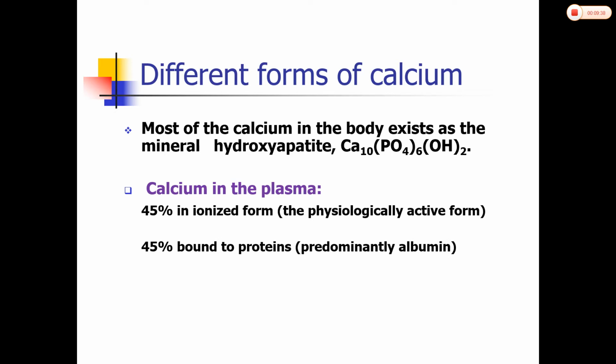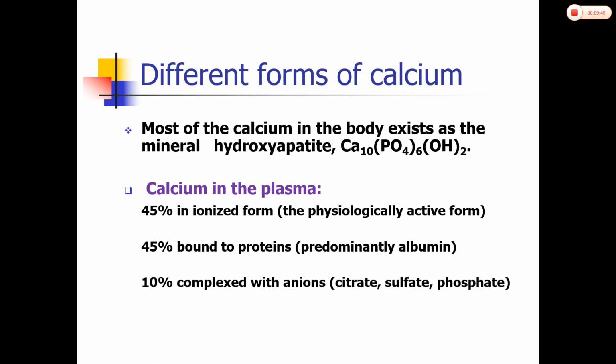The other 45% is bound with proteins in the serum or plasma, predominantly albumin, and 10% can complex with other minerals, making, for example, sulfates, phosphates, citrate. So they can also complex with other types of anions.